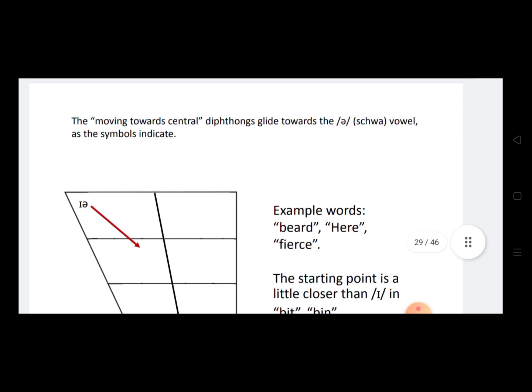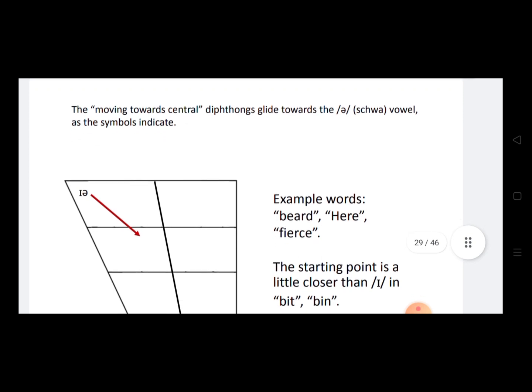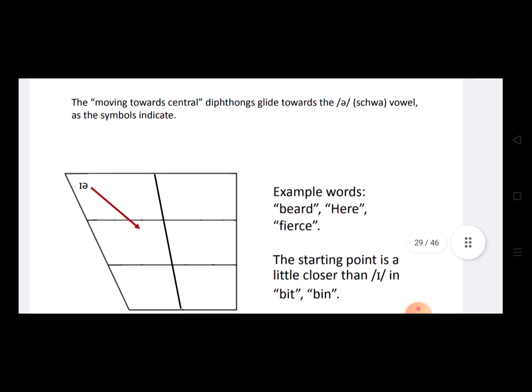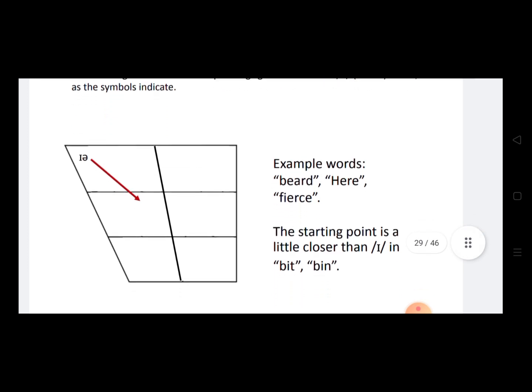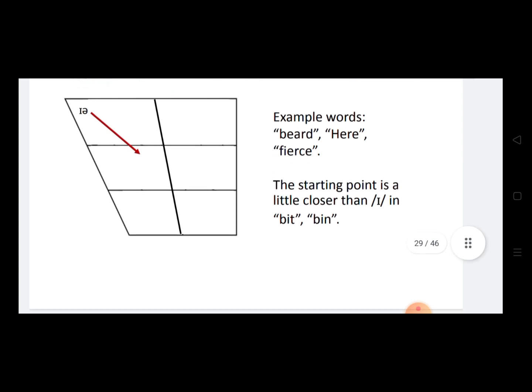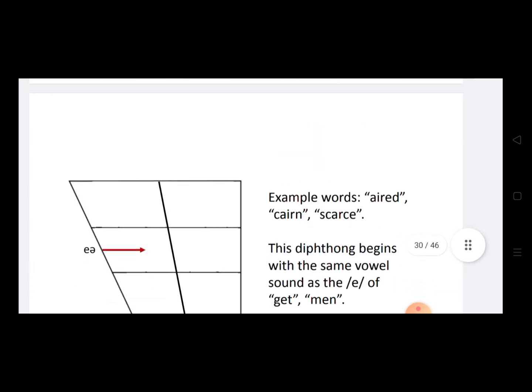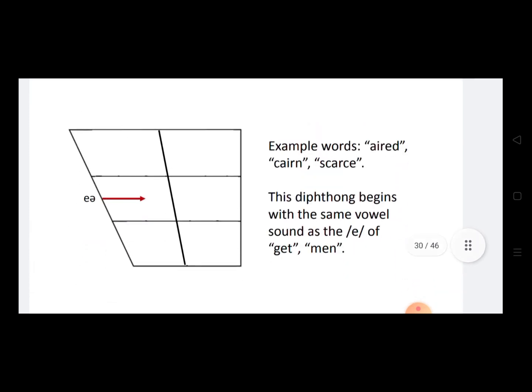The moving towards central diphthongs glide towards the schwa vowel, and this symbol indicates the sound in hair. Example words are beard, hair, fierce, and the starting point is a little closer than e in bit. And this is the sound in air. Examples are air, scare, scars.